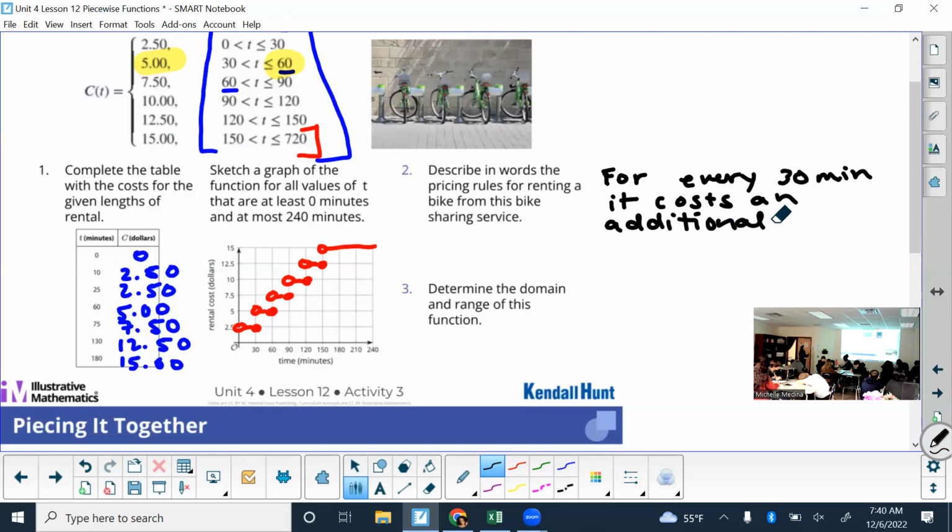An additional $2.50 to rent the bike. All right, and then anything above the 150 minutes, it just costs them $15, right?